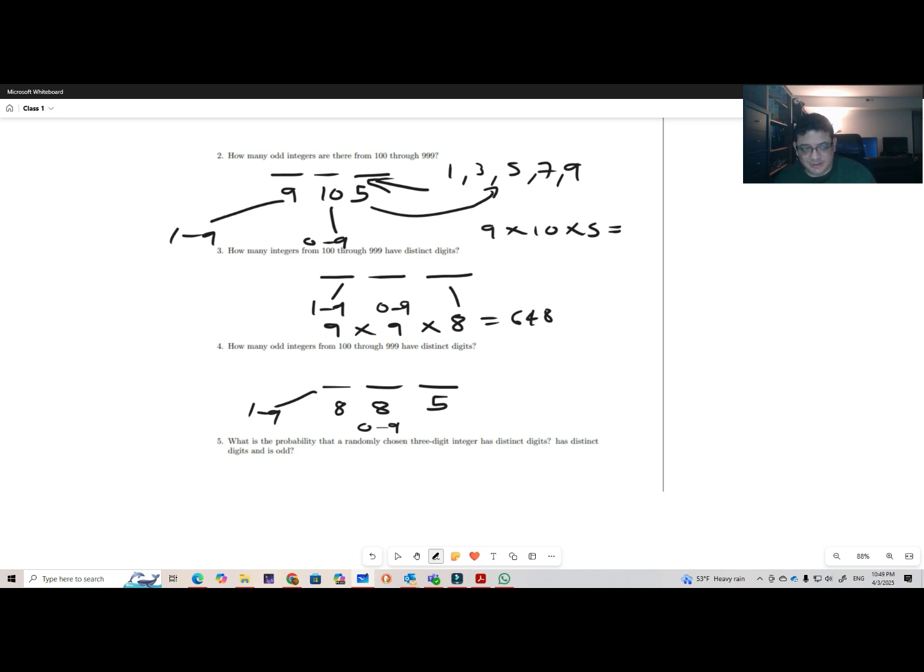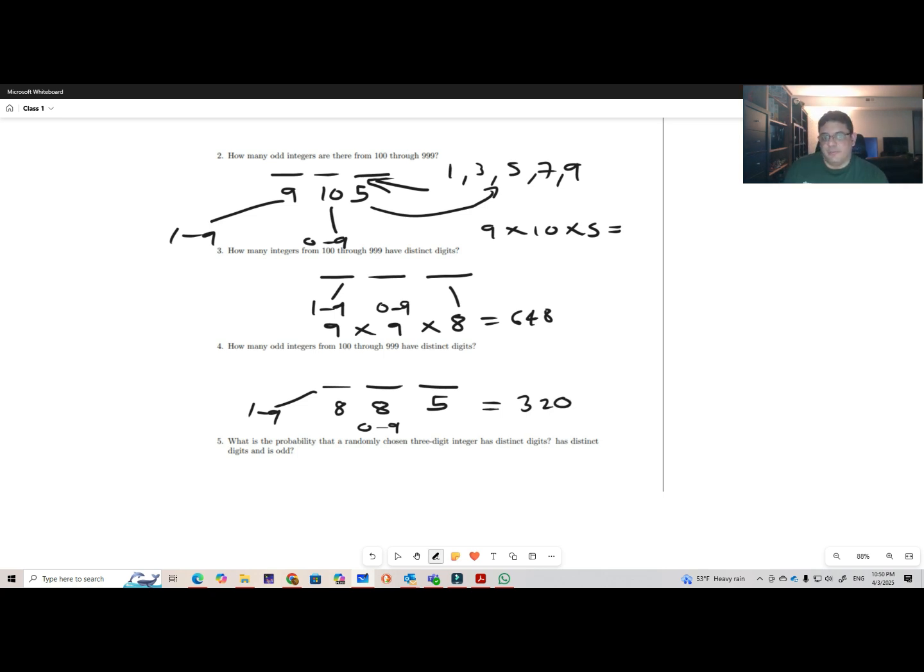Since we pick this one first, either 1, 3, 5, 7, or 9 goes first so we can have an odd number, so that number cannot match this here. So the total will be 8 times 8 times 5, and that's going to be 320 numbers.